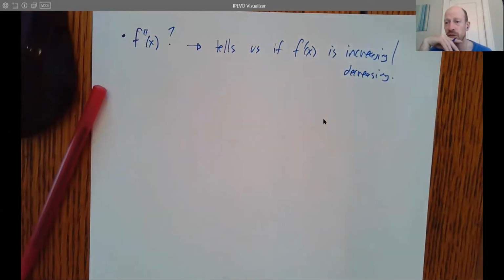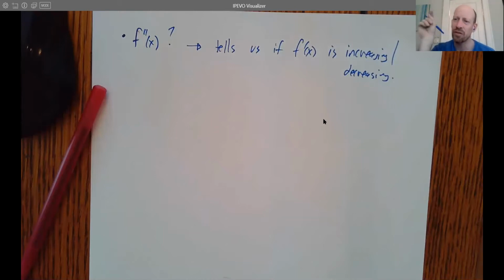The derivative is the slope, but it's also a function. And so its derivative, which is f double prime, tells us whether that previous function is increasing or decreasing. That's what the derivative does. That's what we just saw. And so that's certainly true.